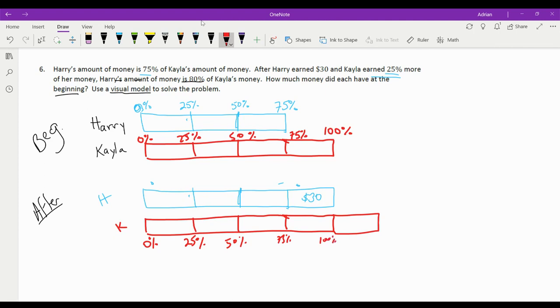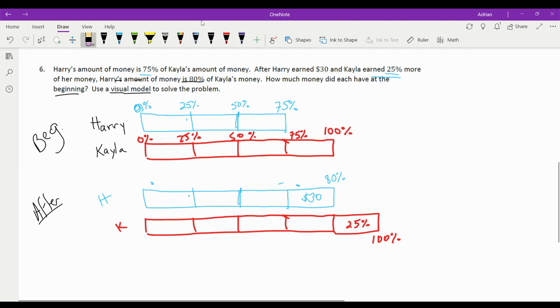But now this is all going to change because this is going to be 80% for Harry, 80% of what Kayla has because she added another 25%. So it's actually not going to be 125, it's going to be 100% because we are comparing the amount that Harry has to Kayla, and at this time she still has all of the money, so it's 100%.